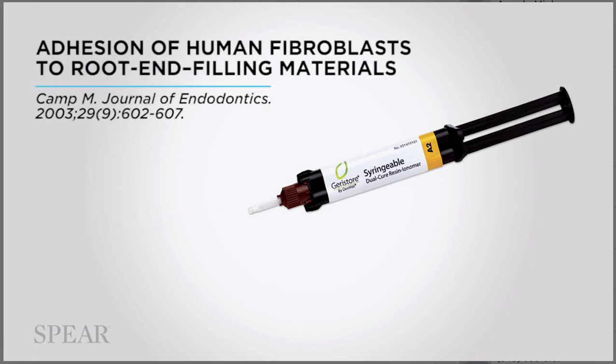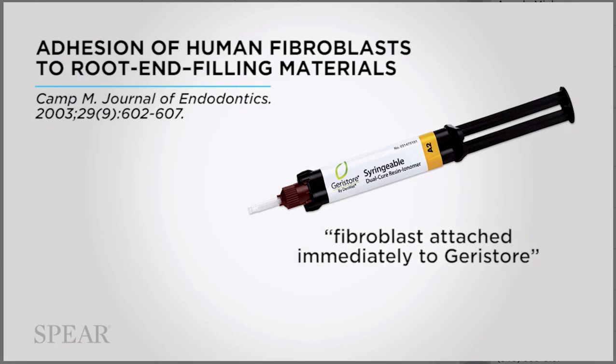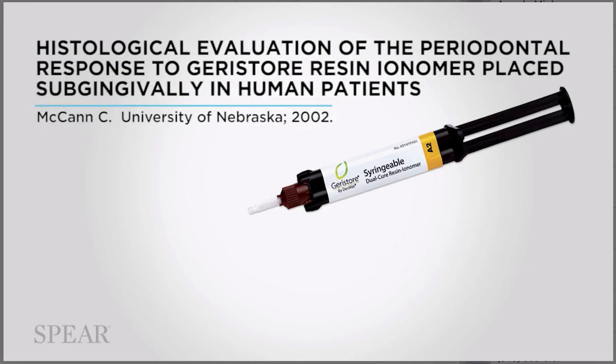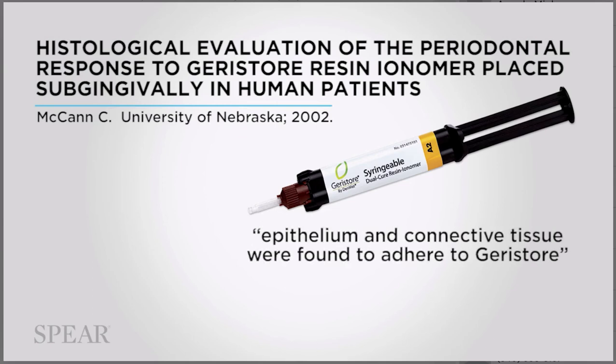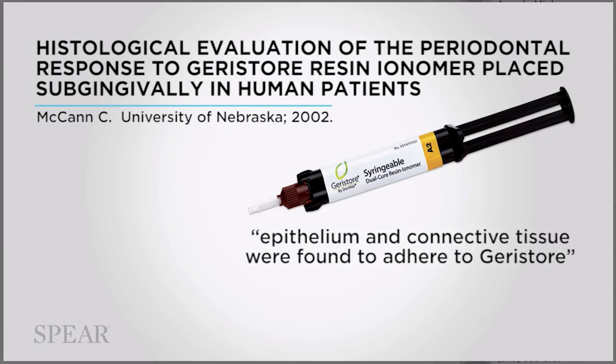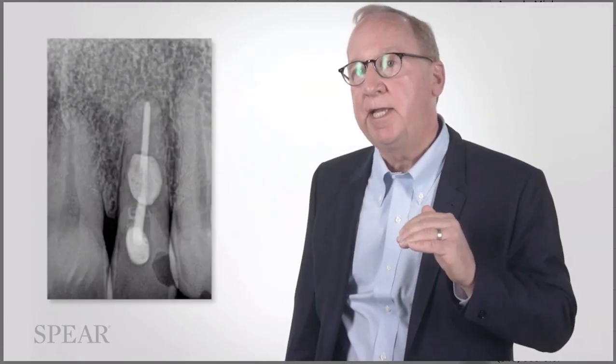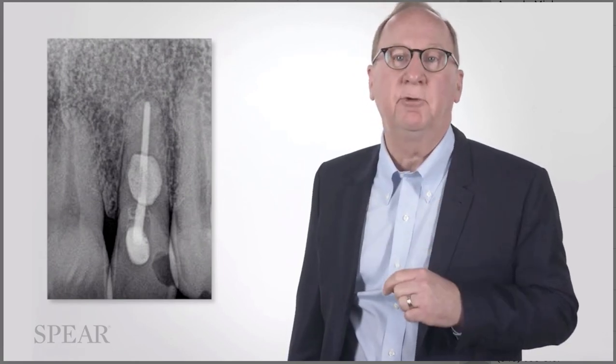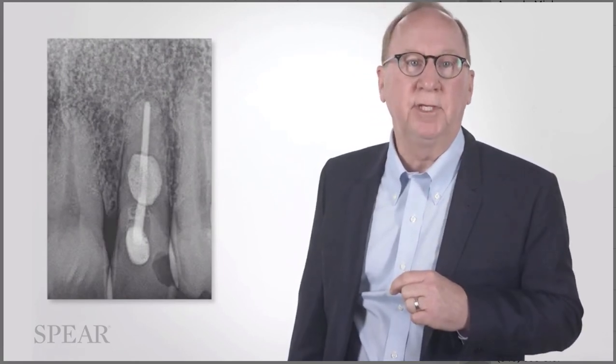A study done by Camp in 2003 showed that fibroblasts attached immediately to the Geristore. Another study, by McCann at the University of Nebraska, found that epithelium and connective tissue adhere directly to the Geristore, which is something you want, because if it doesn't happen after this procedure, you'll see a gingival dehiscence. It'll be a cosmetic and restorative issue.